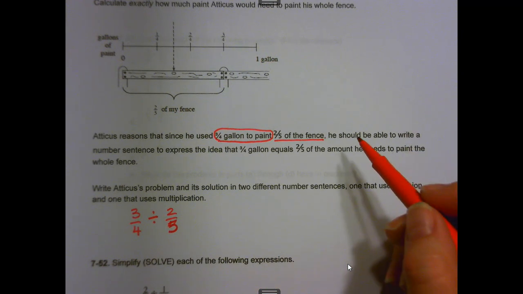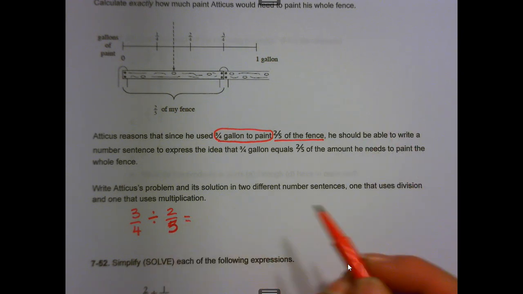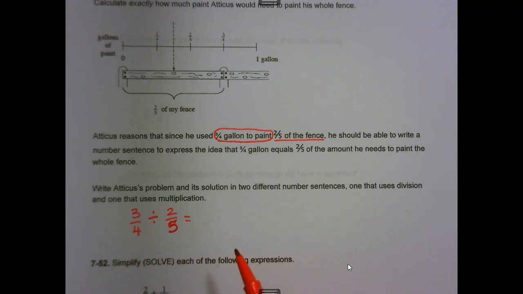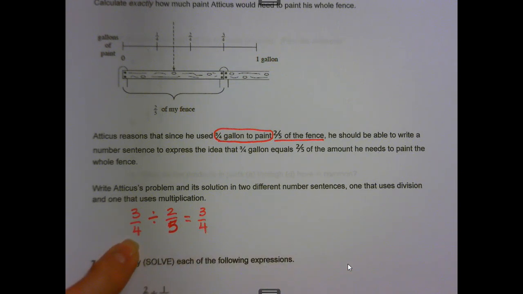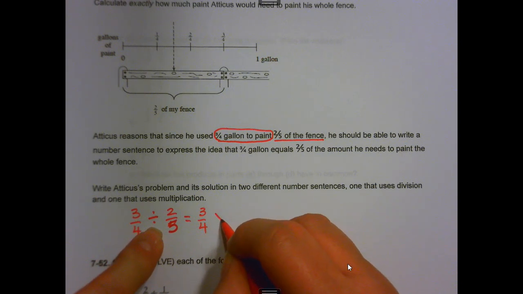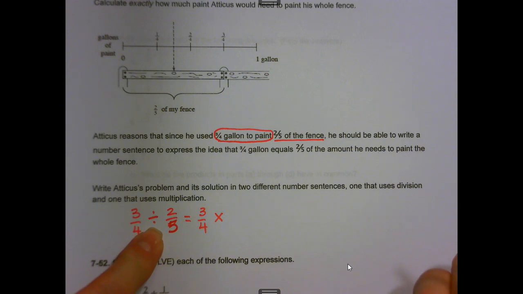number problem up above. And I think about my strategy that I've learned and practiced in the past about keep, change, and flip. Keeping that first fraction, I write it as 3/4. Change the symbol, the operation symbol goes from divide to multiply.